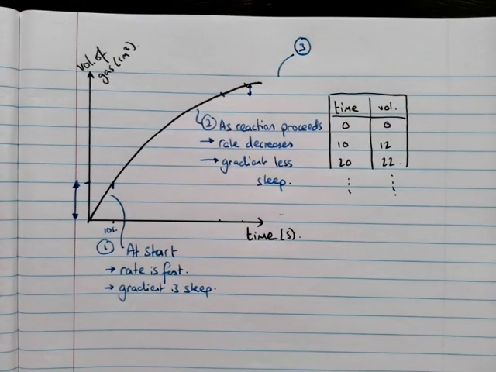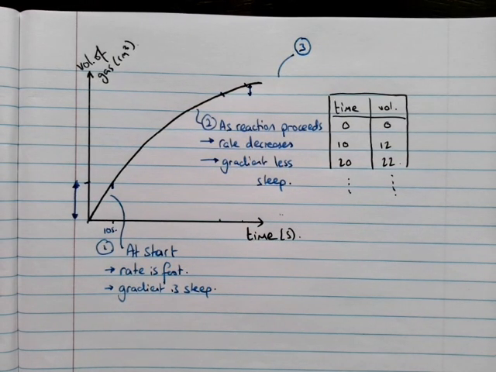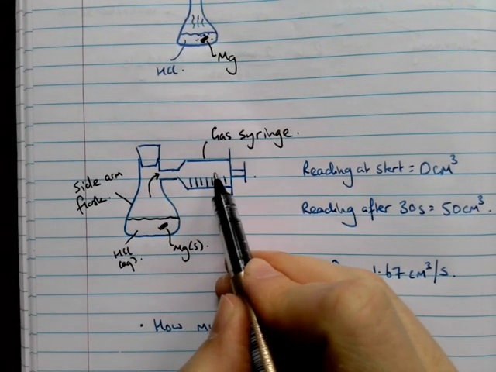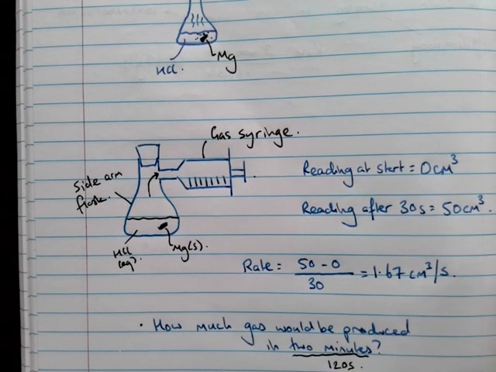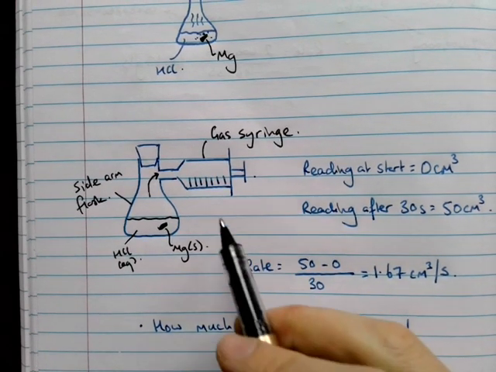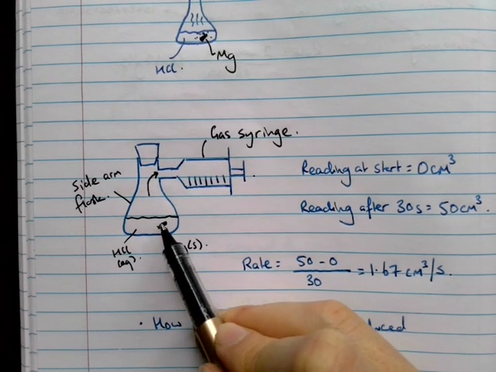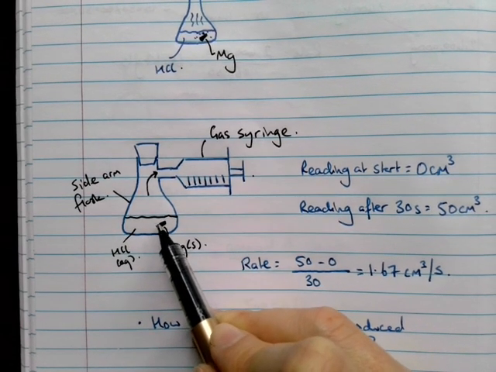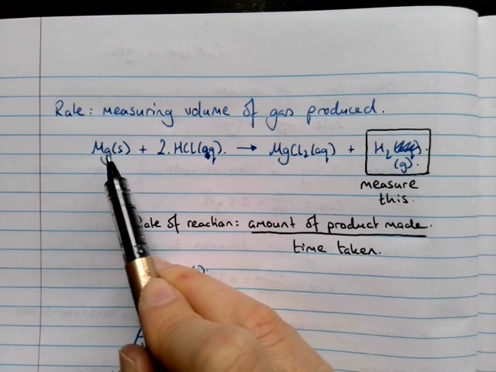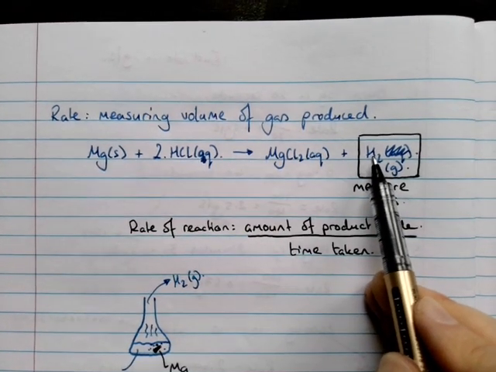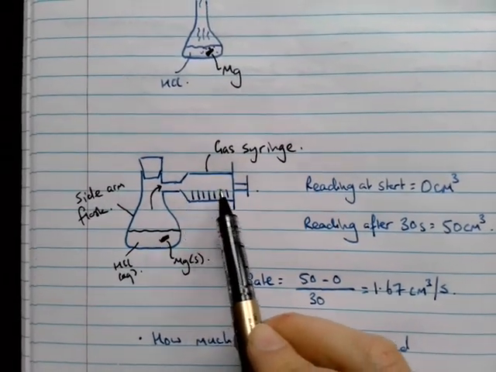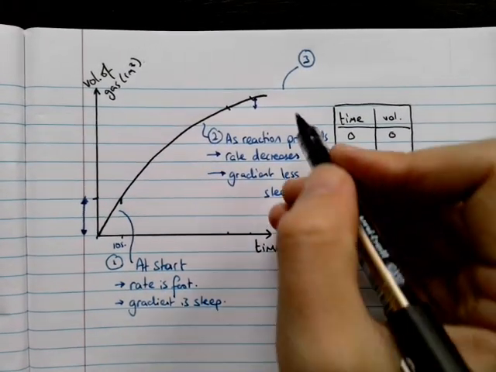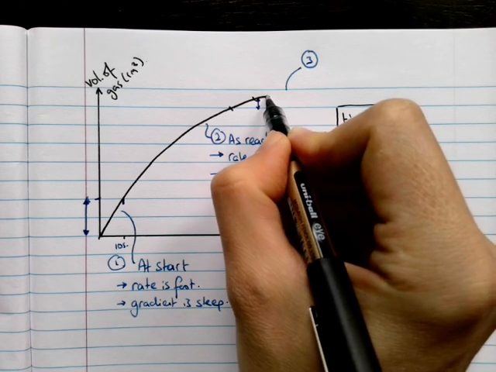But that's number one, number two, and number three is here. After a while, what will happen is you'll be doing this experiment, and the gas syringe will be pushed out until eventually it will just stop moving. That will coincide with when the magnesium stops reacting. Because once all the magnesium is used up, it's all gone. We can't make any more hydrogen gas. So the gas syringe won't be pushed out anymore, and the reaction has stopped. We know the reaction has stopped when this line goes flat.